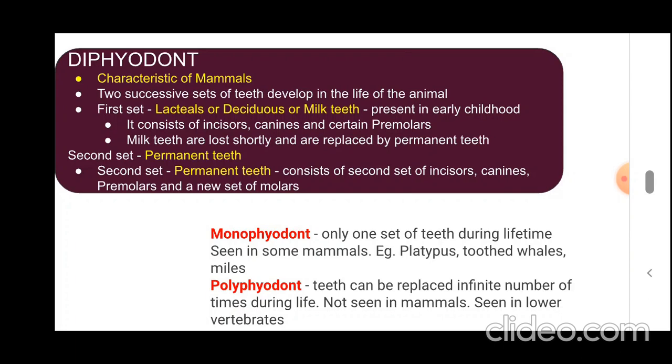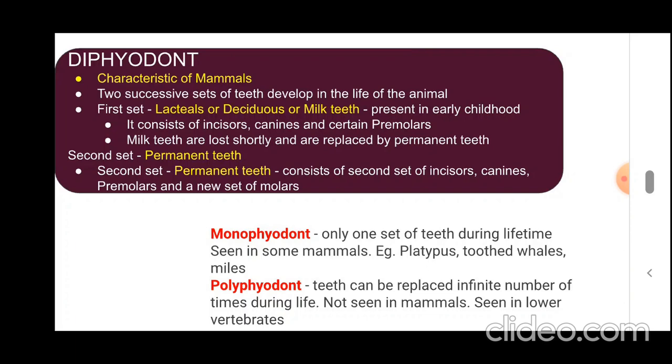Then these milk teeth are lost shortly and are replaced by permanent teeth. The second set is known as the permanent teeth, and it consists of a second set of incisors, canines and another new set of premolars and molars. Sometimes the molars and premolars are not replaced.